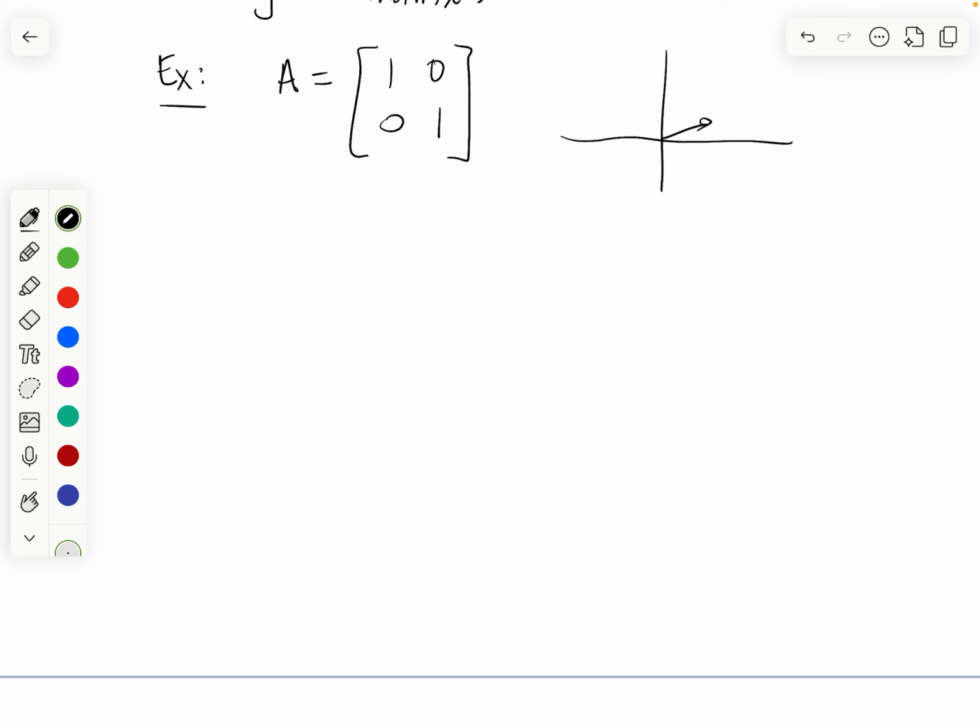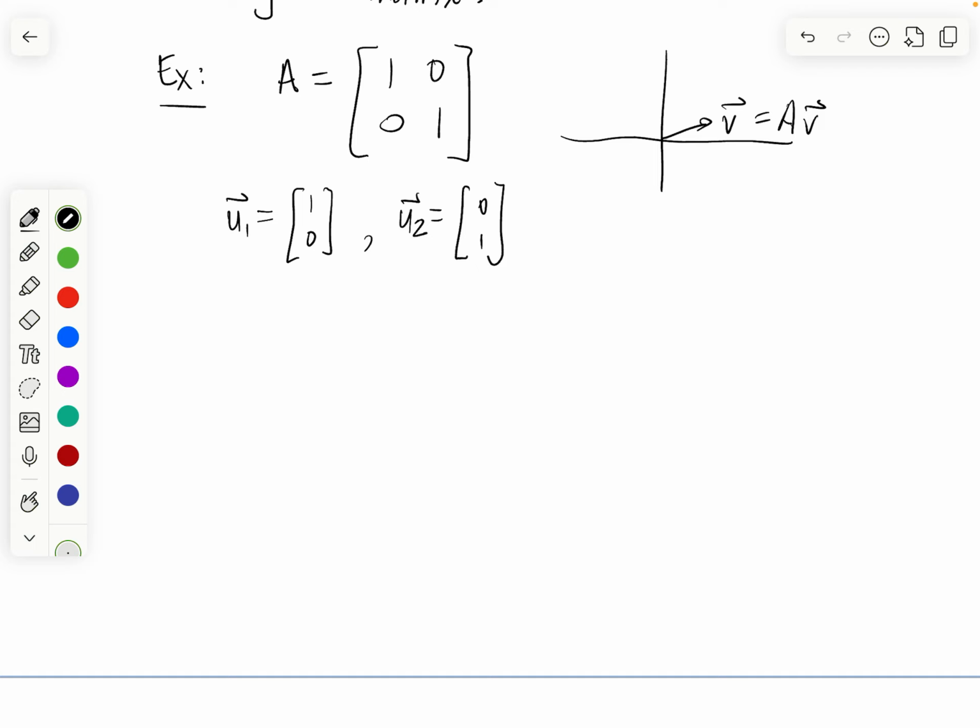Every vector v will be equal to A times v if A is the 2 by 2 identity matrix. So an example of an orthonormal basis consisting of eigenvectors of A would be something like U1 is (1, 0) and U2 is (0, 1). That's an example of an orthonormal basis for Rn consisting of eigenvectors of A.